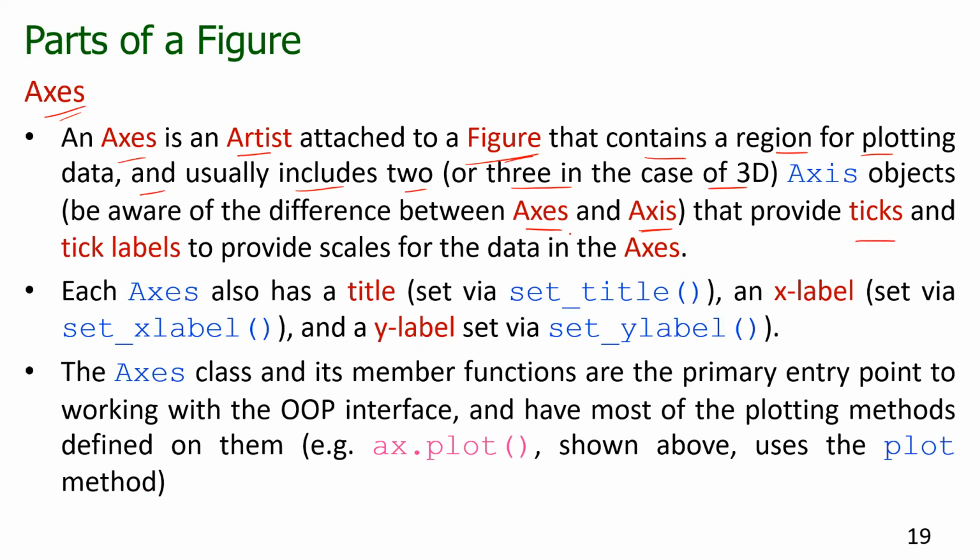Axis provides ticks and tick labels to provide scales for the data in the axes. Each axes also has a title, set via set_title, an x label, set via set_xlabel, and a y label, set_ylabel. This was already mentioned in the figure. So here the axes class and its member functions are the primary entry point to working with the object-oriented programming interface and have most of the plotting methods defined on them. For example, ax.plot shown above, which uses the plot method.